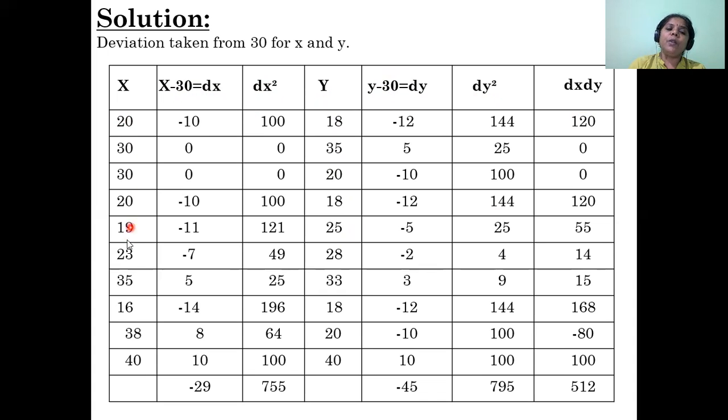Now write the x values from the problem as it is. Here we have taken 30 as the assumed mean.